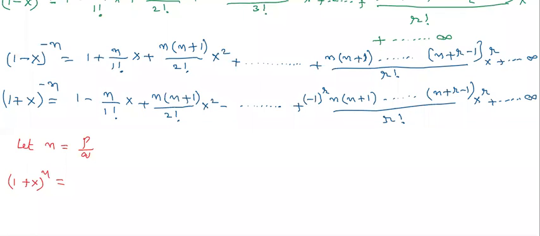So now I am going to substitute n is equal to p by q in that expansion. So 1 plus x whole power n, what we have to take n, that is p by q.